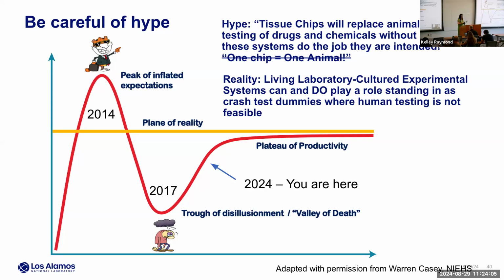And I think we're getting towards this plateau of productivity here, where we really are starting to see some of the benefits, and we're starting to get International Council on Harmonization interest in replacing some of our experiments.